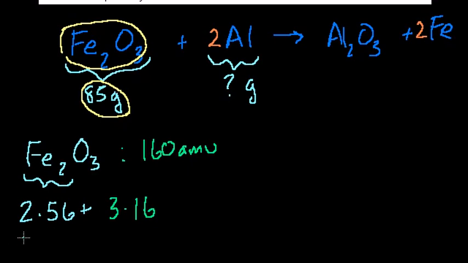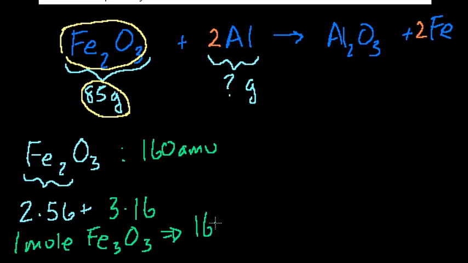So 1 mole, or 6.02 times 10 to the 23 molecules of iron 3 oxide, is going to have a mass of 160 grams. So in our reaction, we said we're starting off with 85 grams of iron oxide.